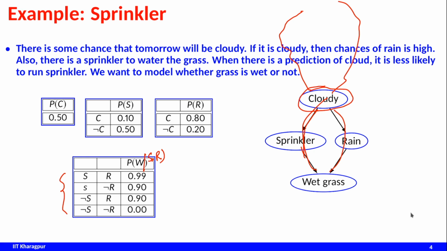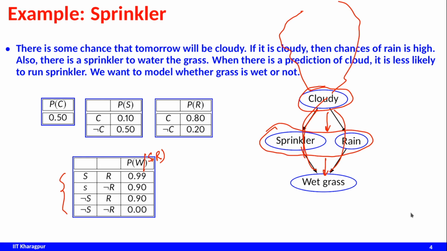So what we can do is merge some of the nodes. If I can merge these nodes, then there will be only one edge here and another edge here. Effectively, if I want to find the probability of wet grass, I do not move to cloudy twice.